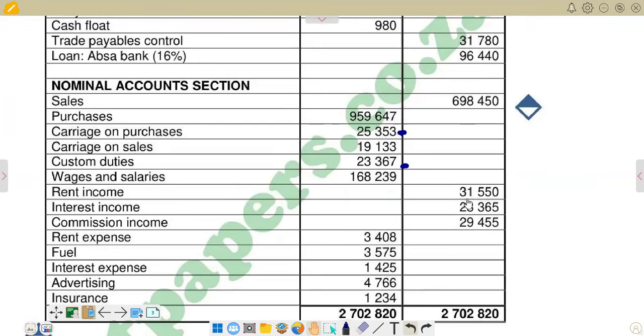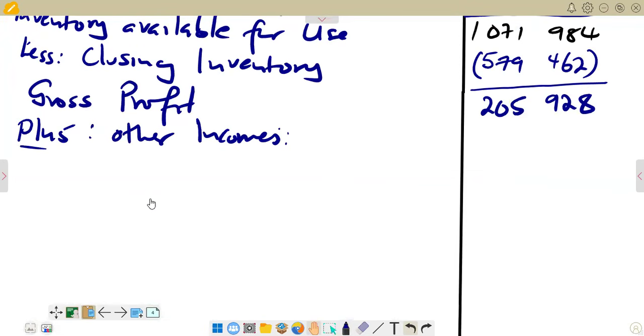So our rent income here, we've got 31,550. We also have interest income, which is here, 20,365. Then we've also got commission income, 29,455. So you can just go and list them there under other income. Firstly, we can write our rent income. The figure that we have is 31,550.